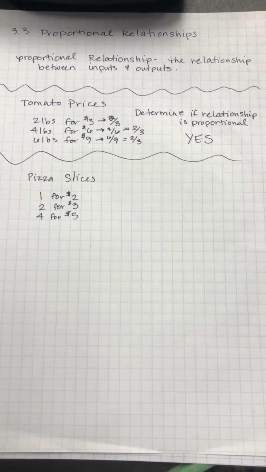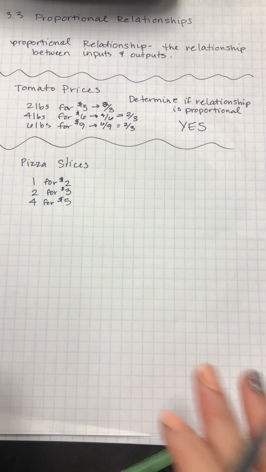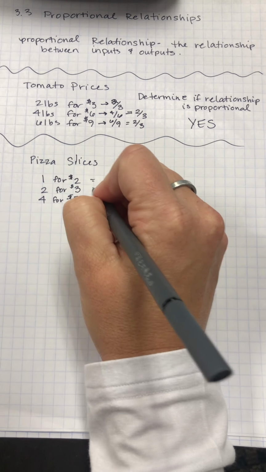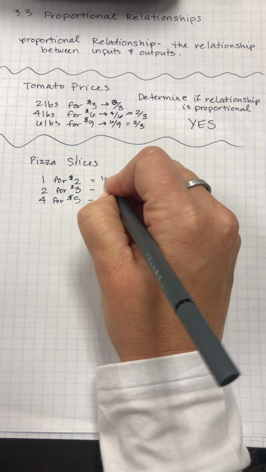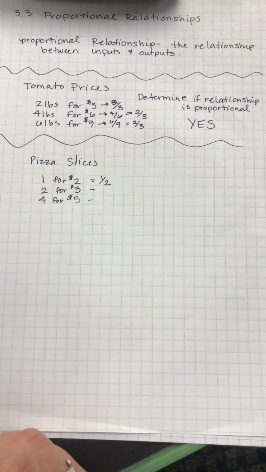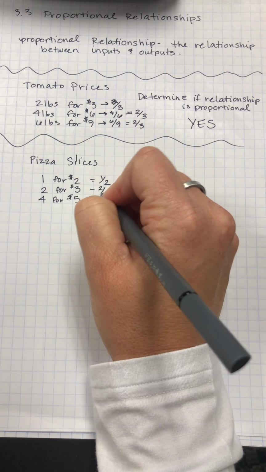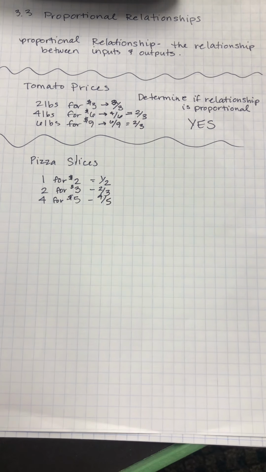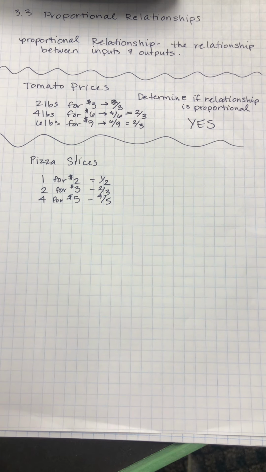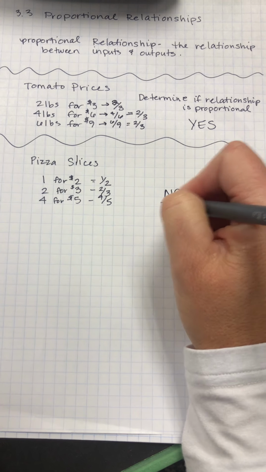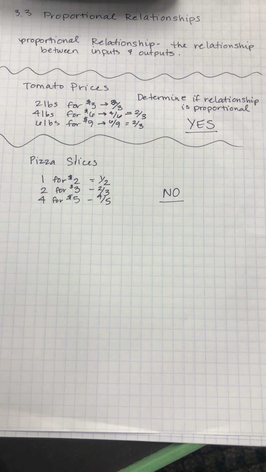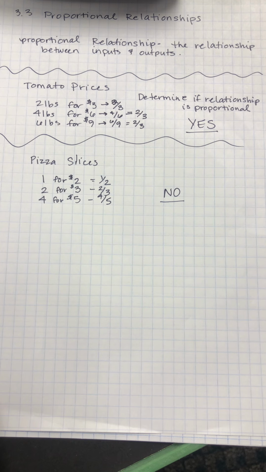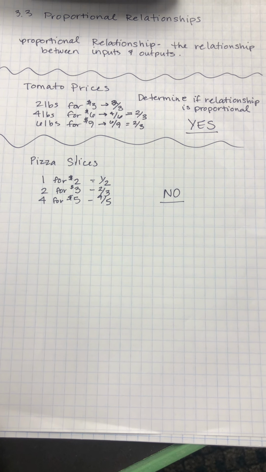Is this one proportional? It's not, because our numbers are not going to be the same. 1/2 is what we start with, then 2/3, then 4/5. Okay, so the relationship is not proportional. No is all you need to put.